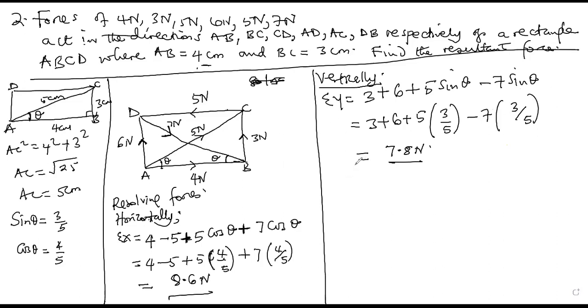So after getting these two, I do believe you can get the resultant, and the resultant is none other than taking the square root of the squares of these forces when they are summed up. So it is the square root of 8.6 squared plus 7.8 squared, and this will give you the resultant as 11.6 Newton.